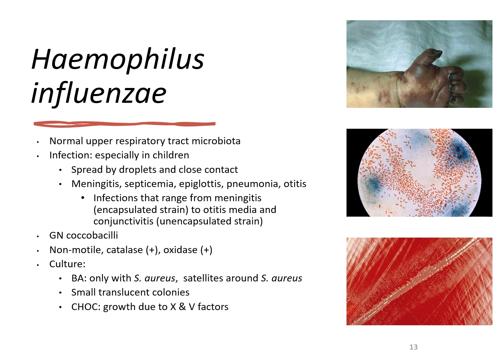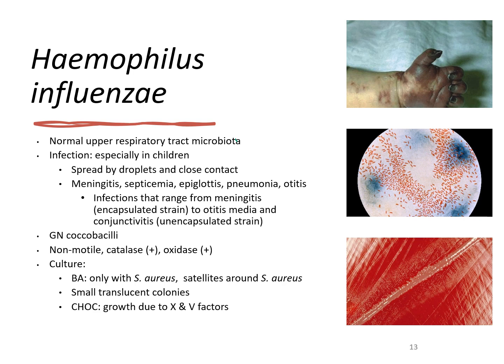If you look over here to the right, you can see where this organism is doing what we call satellitism, or satellite growth, where you have the staph streaked down the middle.